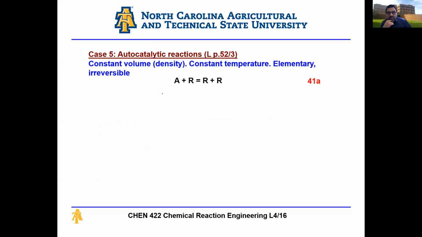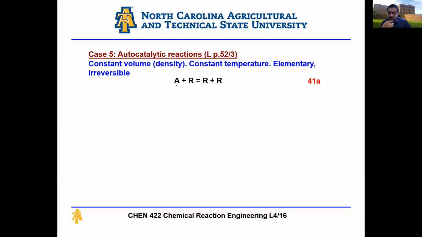Case number 5, which is autocatalytic reactions. So what's an autocatalytic reaction, right? An autocatalytic reaction is a reaction in which one of the products acts as a catalyst for the same reaction, right? And sometimes they're referred to as runaway reactions, autothermal reactions.